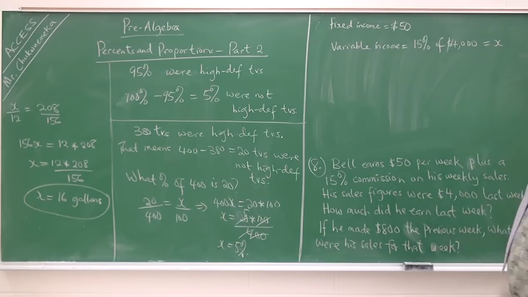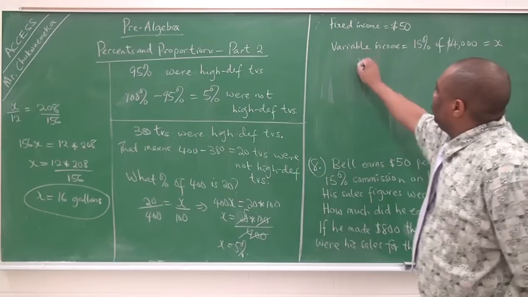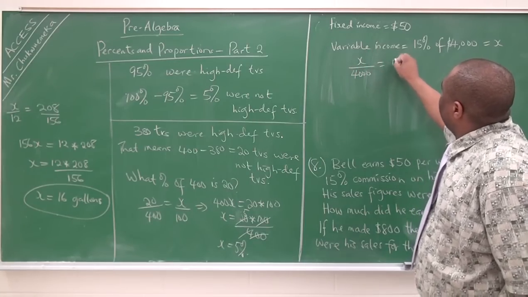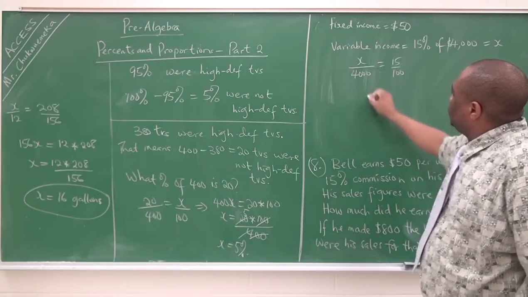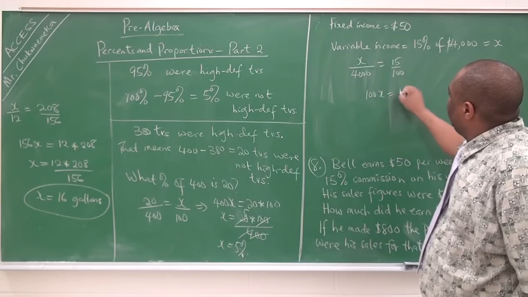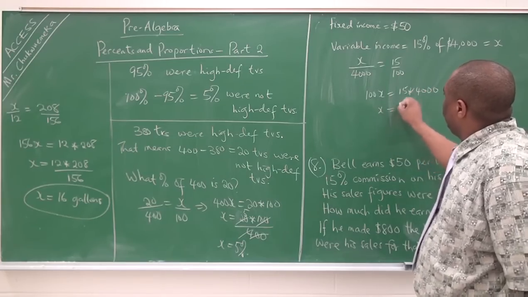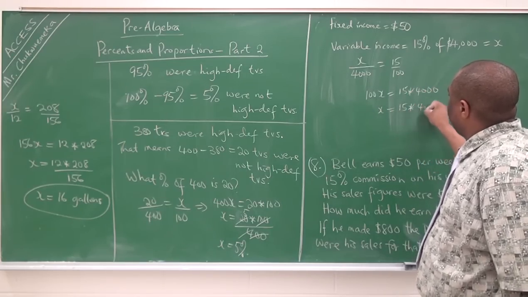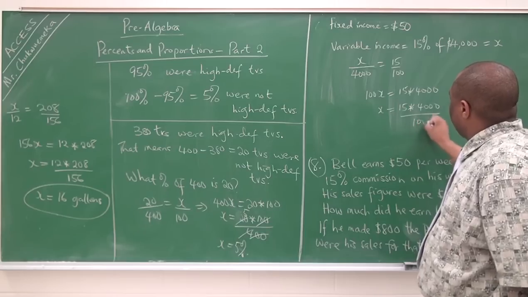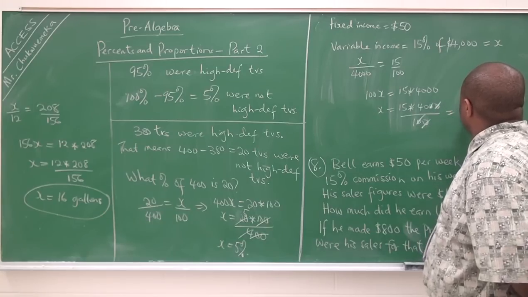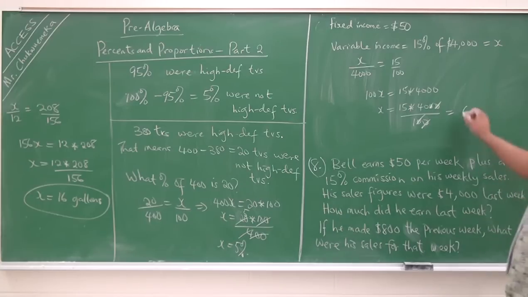Let us call it X. They're asking us to find the part. So X over 4,000 is equal to 15 over 100. So 100X will be 15 times 4,000. So X will be 15 times 4,000 all over 100. 15 times 4 is what? 60. 600. So $600 was the variable income.